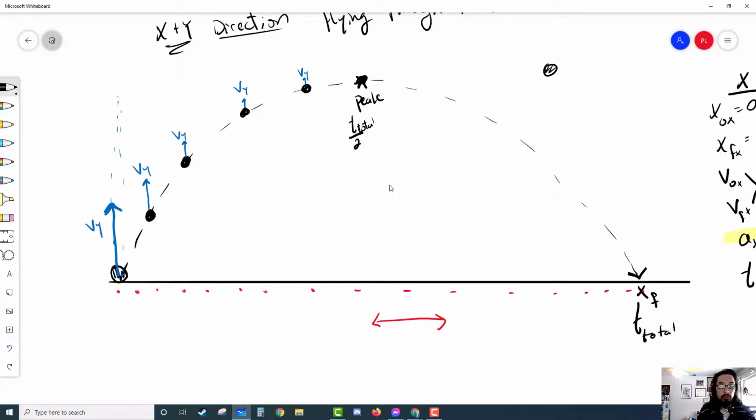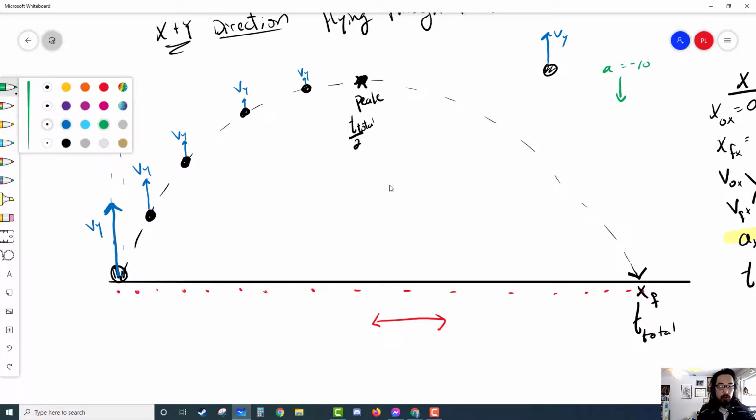If our Vy is going upwards, we have an acceleration of -10 going downwards. So for every passing second, this Vy shrinks by a magnitude of 10. According to my rough sketch, with each passing second, it's getting smaller and smaller until at the peak.